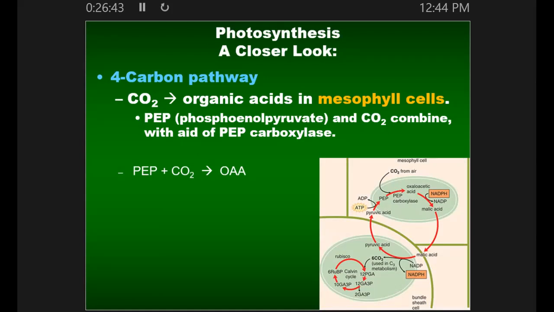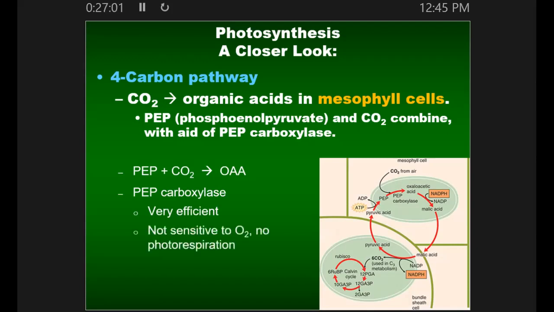All right, so once you have carbon dioxide coming in and reacting with PEP, with that PEP carboxylase enzyme, you end up with OAA. And it's just really a good situation because that enzyme, PEP carboxylase, is super efficient. It only cares about CO2, does not care about oxygen. And so you won't have any issues there in terms of any photorespiration.